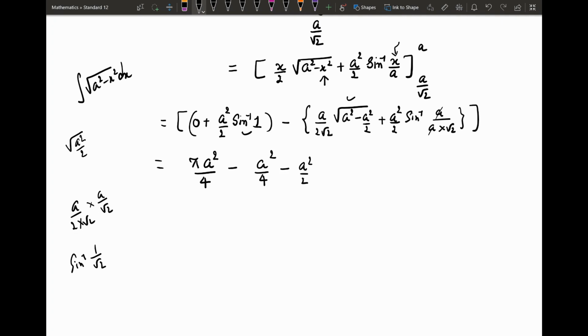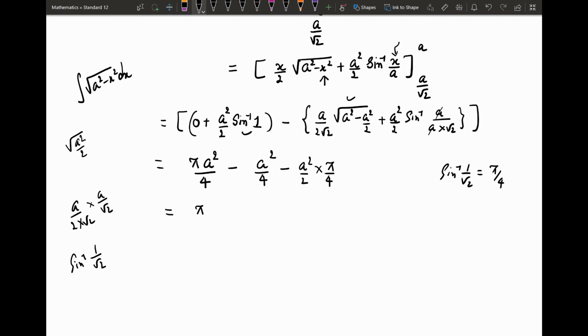We have used the standard result that sine inverse 1 upon root 2 is pi by 4.